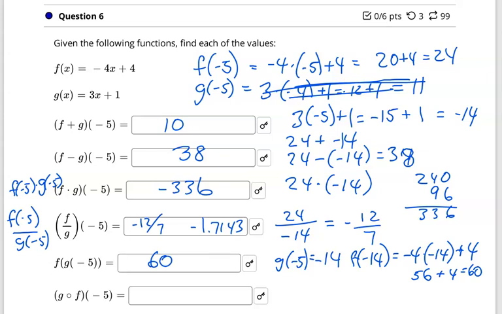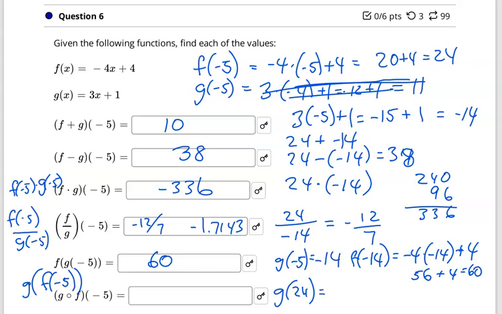Now this is the different format of that same thing. I like to write it out immediately. G of f of negative 5. Figure out what f of negative 5 is, and then feed that to g. Well, we already know what f of negative 5 is. It is 24. So this is essentially g of 24.